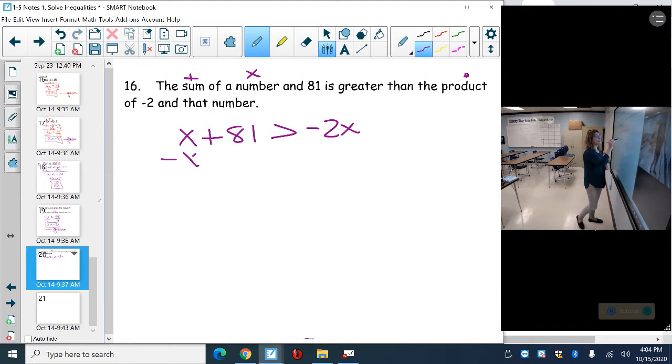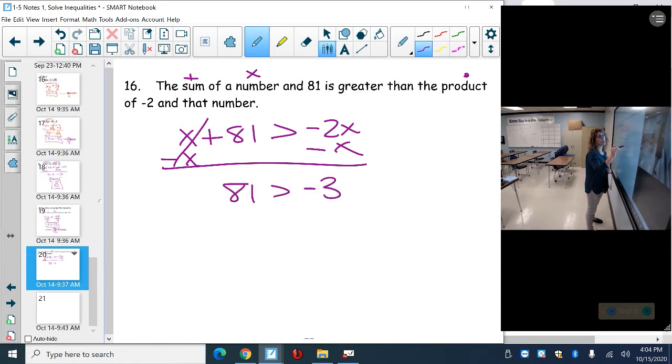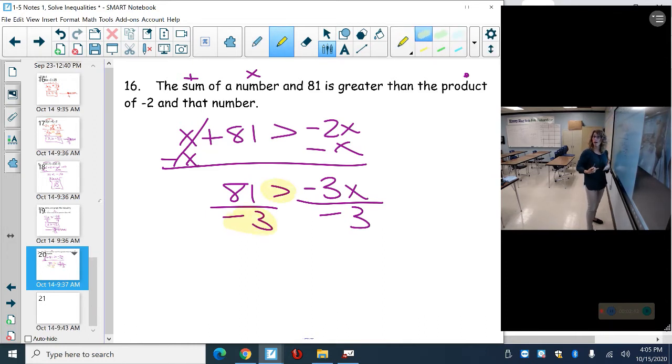So solve this, I subtract x, and I have 81 is greater than negative 3x. Divide by negative 3, and your brain should have an alarm sounding because I divided by a negative number, so my brain should say, hey, I need to flip the sign. So go ahead and flip that. And negative 27 is less than x.